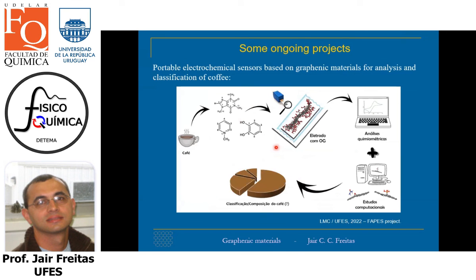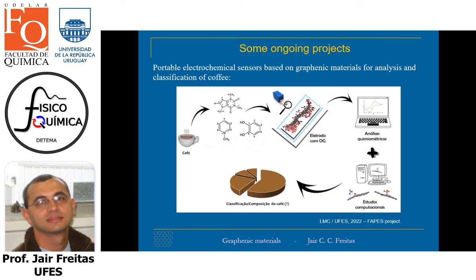Just to finish up, I'll present a couple of ongoing projects. In this case, we are trying to modify the functional groups on graphene oxide to allow the production of electrodes that can be used for the identification of substances present in coffee. The state where I live, Espírito Santo, is one of the largest coffee producers in Brazil, especially of a variety known as Robusta or Conilon.